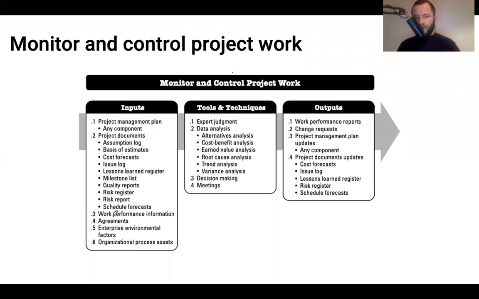The work performance information is an output from many other processes that will also inform monitoring and controlling. Agreements between the stakeholders, EEFs and OPAs. Obviously, they come into almost all the processes that we have in project management.